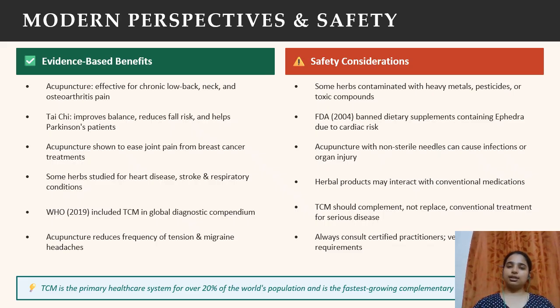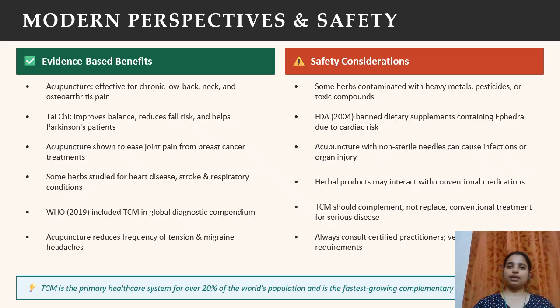Now coming to the theories, yin and yang theory as well as the theory of 5 elements. Then next we dealt with the life force or qi, and the meridians or channels. And then we went through the treatment modalities as well as the diagnosis systems used in traditional Chinese medicine.